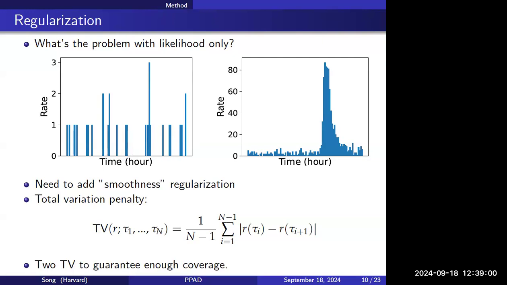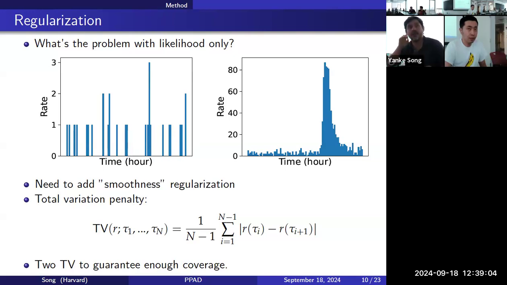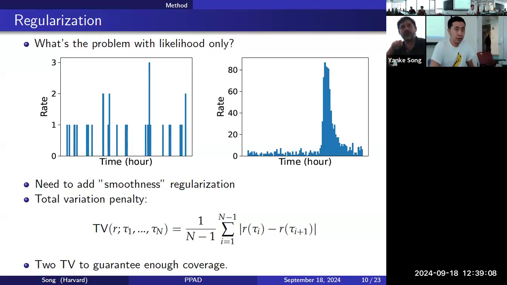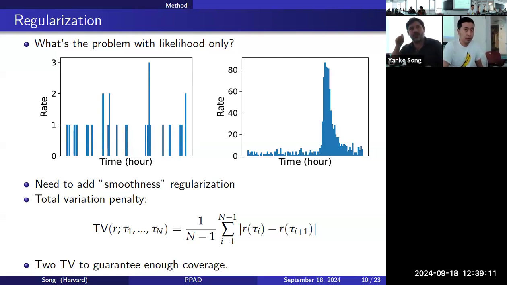Sorry, maybe I'm going to say this in completely incorrect terms for statisticians, but is this regularization a way to prevent the model from overfitting the Poisson noise? Yeah, exactly. Okay.